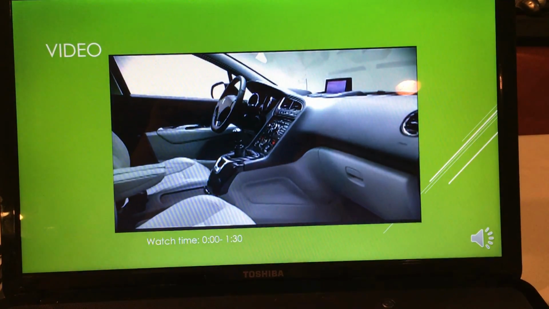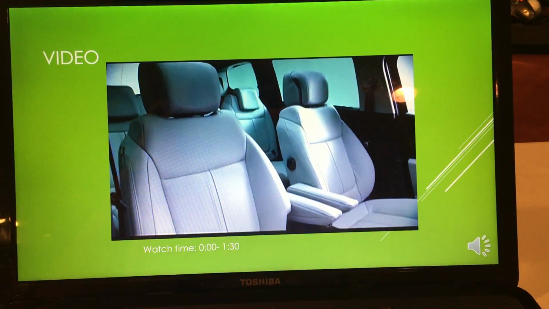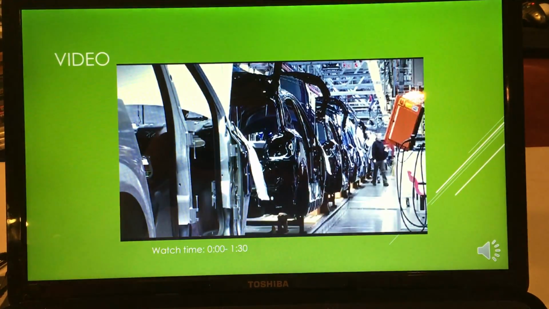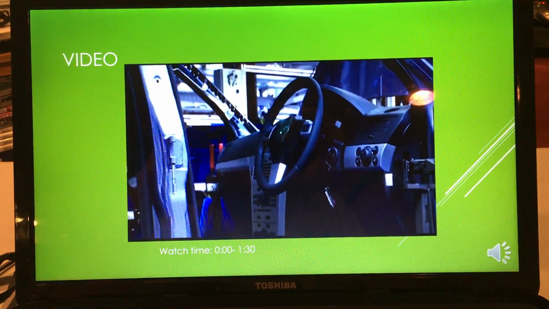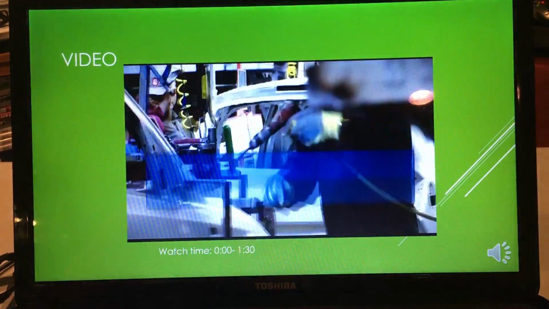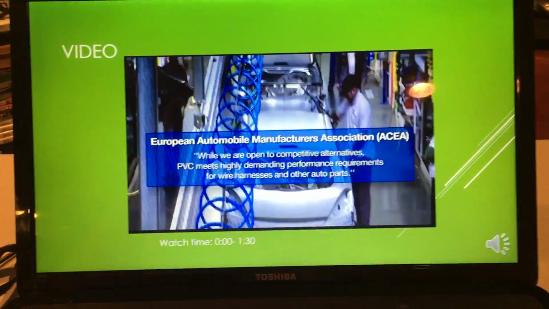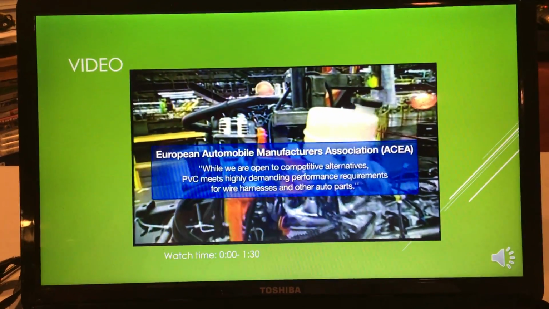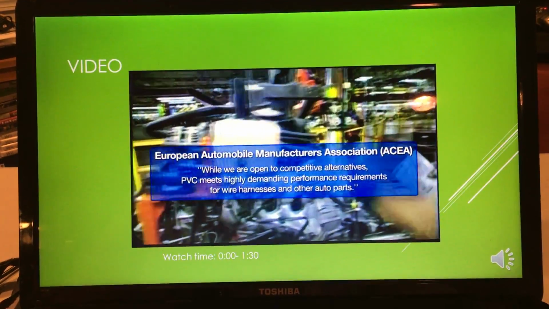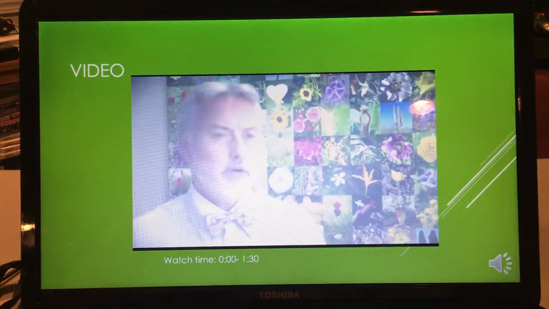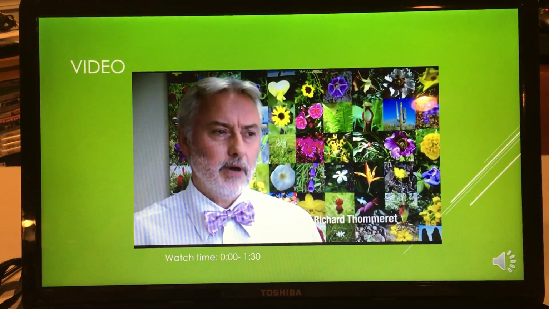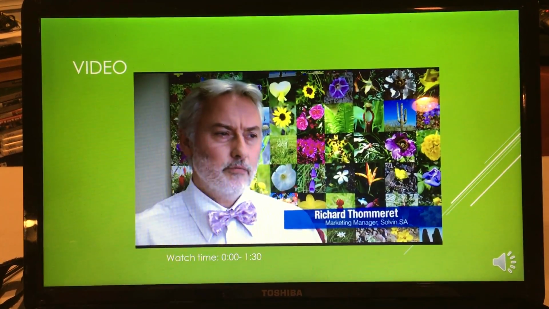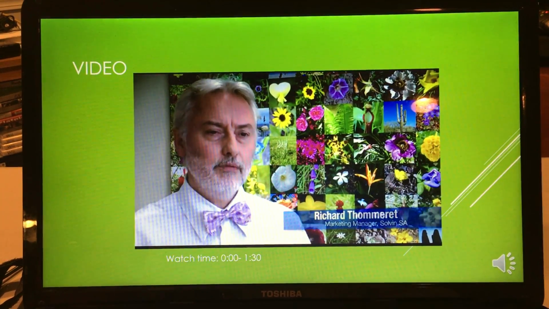Plasticizers are used in numerous applications, making vehicles run longer, safer, lighter, more fuel efficiently. The European Automobile Manufacturers Association says, while we're open to competitive alternatives, PVC meets highly demanding performance requirements for wire harnesses and other auto parts. Without using that, we would have to replace it by either much more expensive product or heavier stuff.